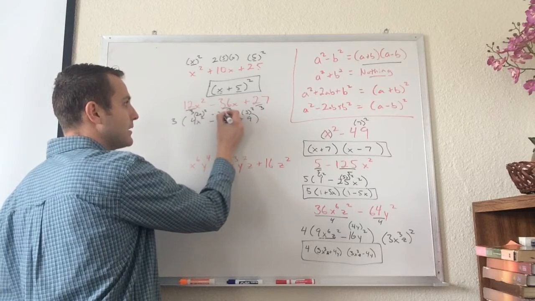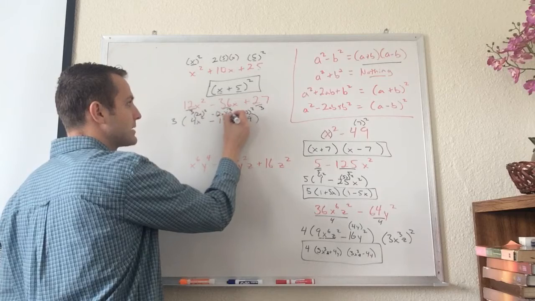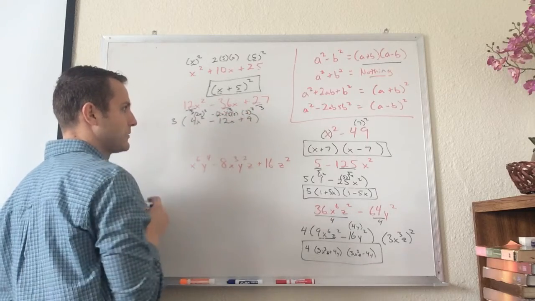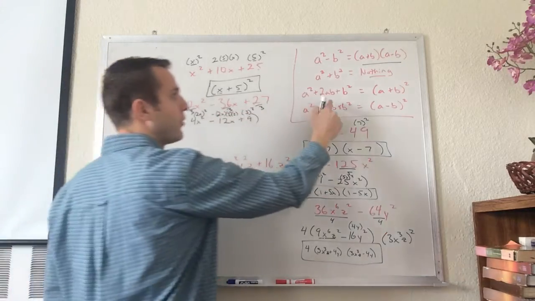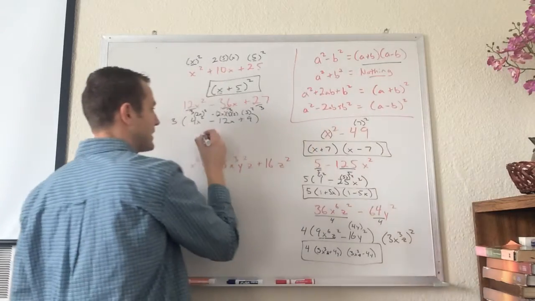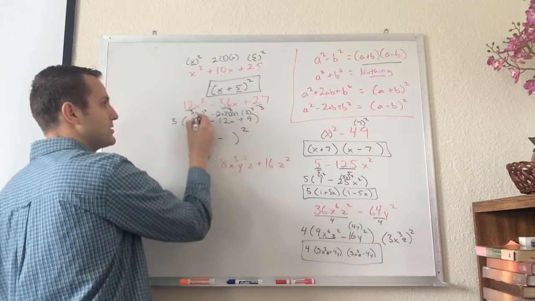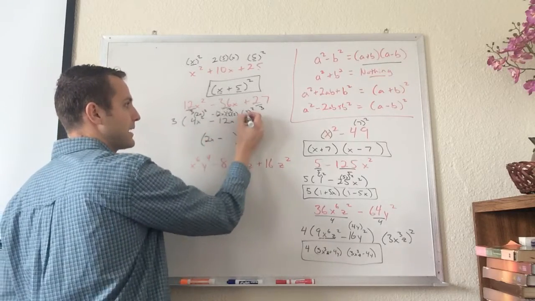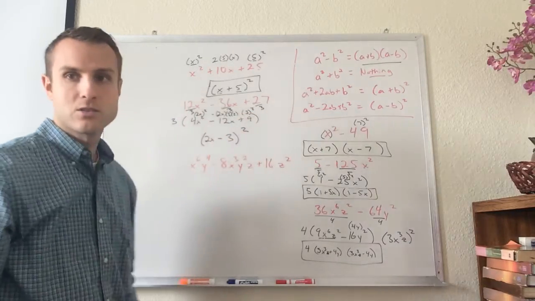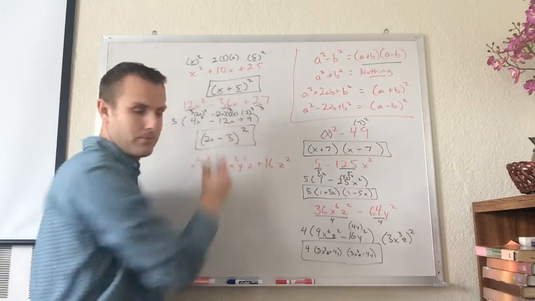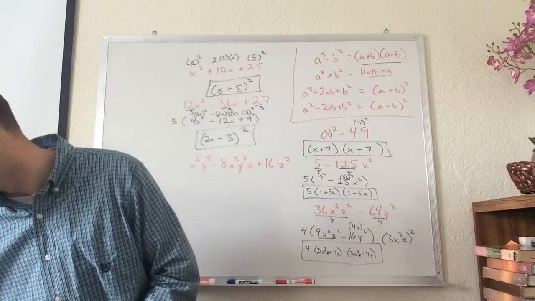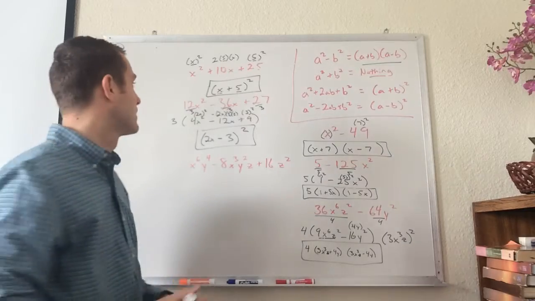A times b times 2, yes, that equals 12x. So my form, when there's a negative in the middle, is I have to have a negative in the middle, and then the whole thing is squared. So I do my a, 2x, minus my b, 3, squared, and that is my answer. 2x minus 3 squared.